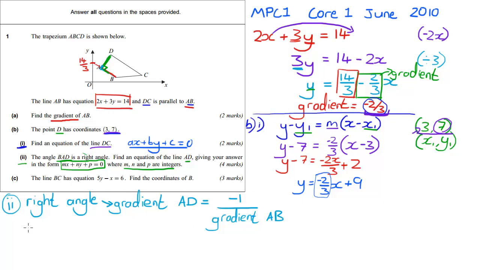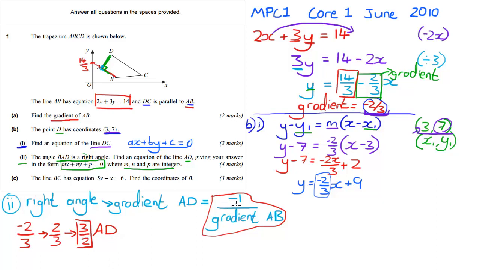You can kind of remember it like this if you want. This is kind of awkward to remember, maybe. So we've got minus 2 over 3. What you can do is take away the minus for a start, so you get 2 over 3, and then flip it over, so you get 3 over 2, and that is our gradient for AD.